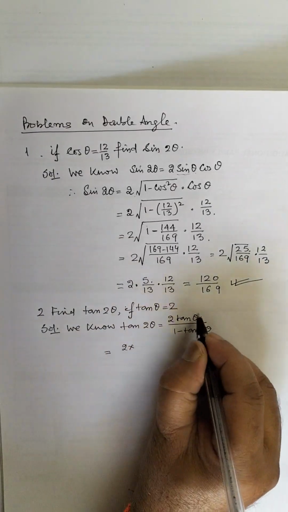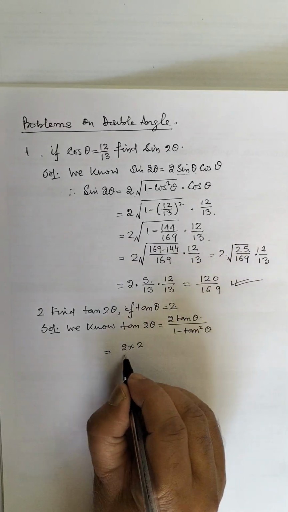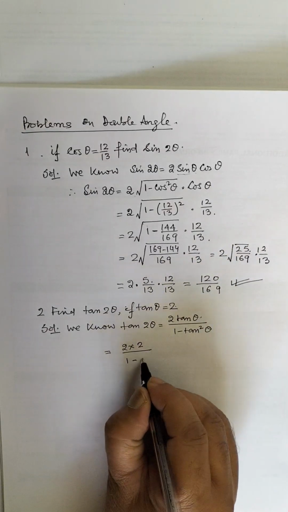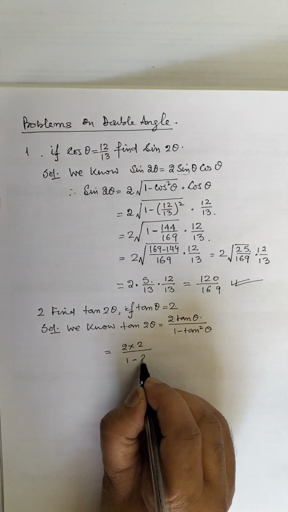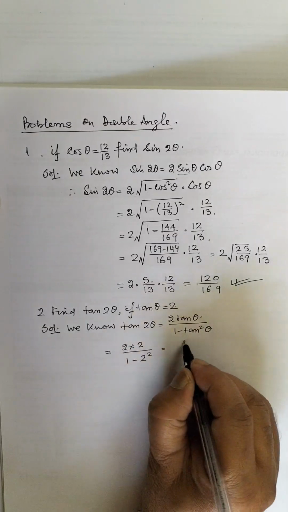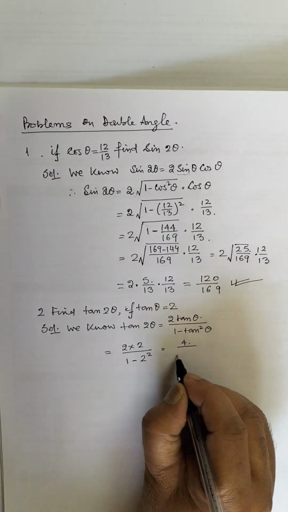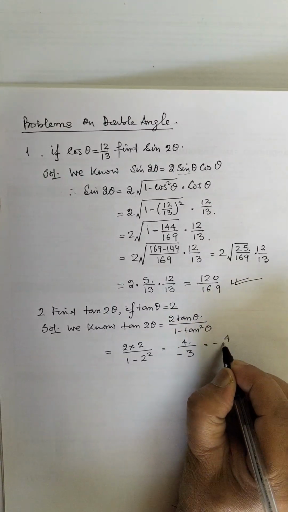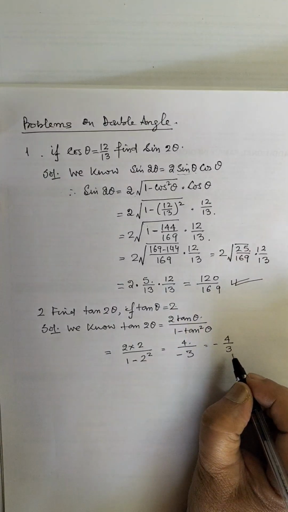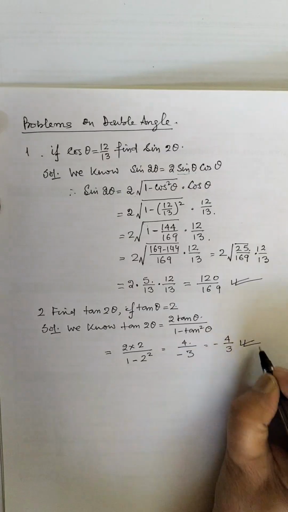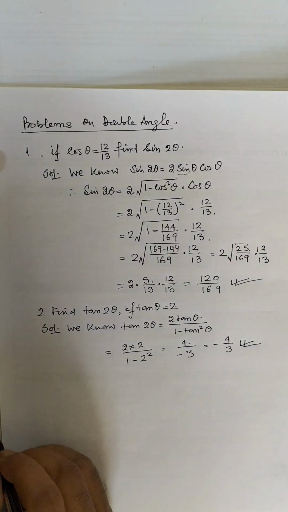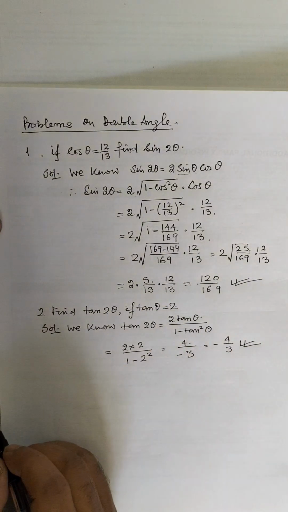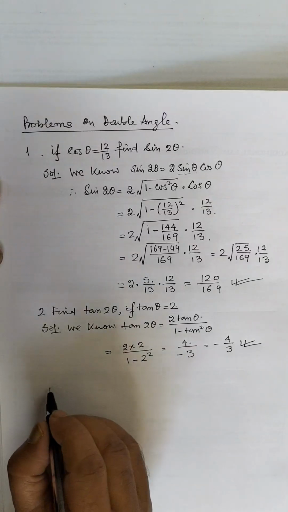Twice of tan theta is 2, 1 minus square of 2, which is 4, upon minus 3, or minus of 4 on 3. This is our answer. This was a very simple question. Let me take another question.